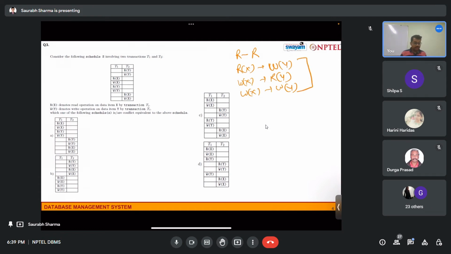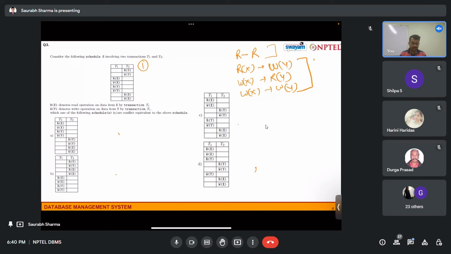So if there are no conflicting pairs in different transactions, we can swap them. If we get any one schedule among these four, then we say these two are conflict equivalent.